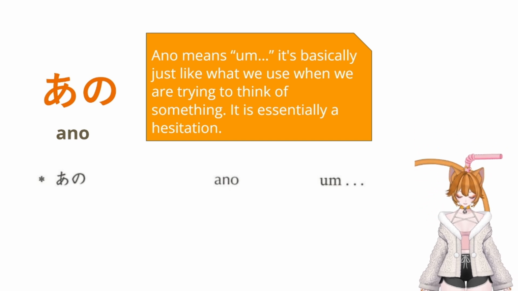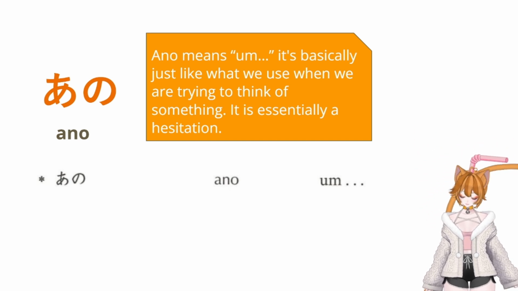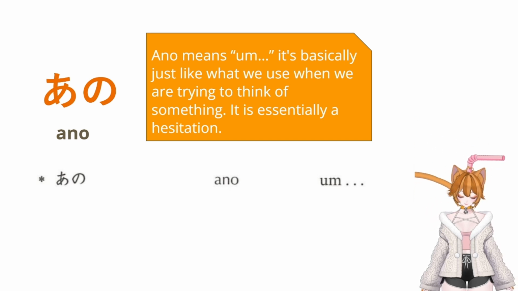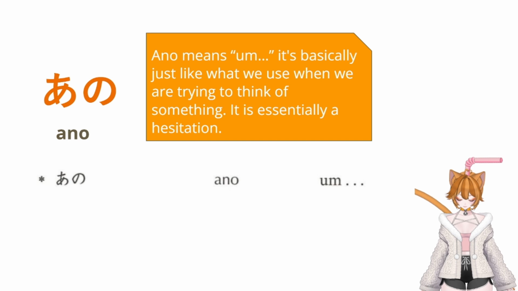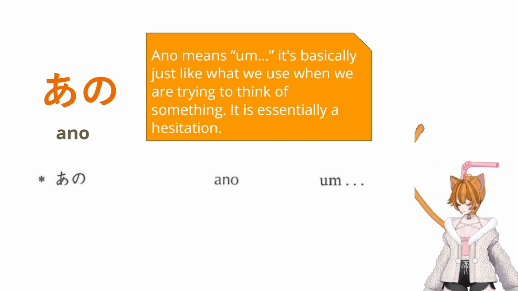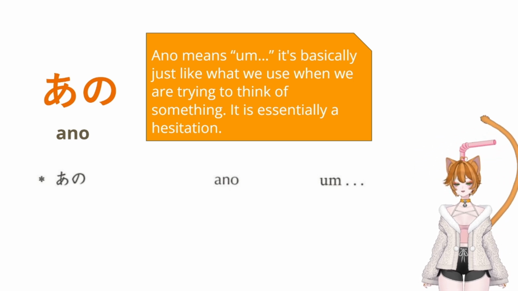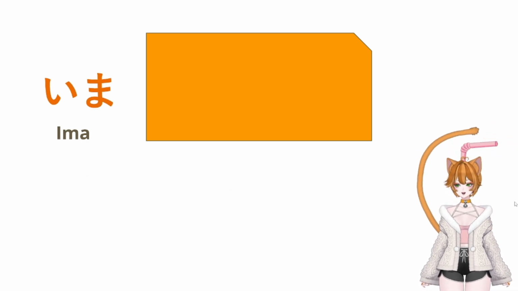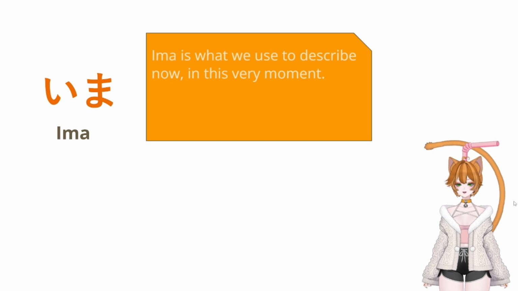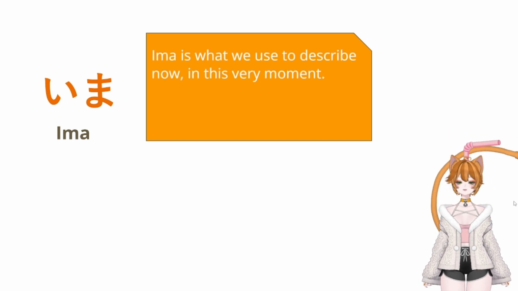I'm pulling up the list right now, so just bear with me for one moment. Alrighty. Here we go. Moving on to our next one. Ima. Ima is what we use to describe now, in this very moment.